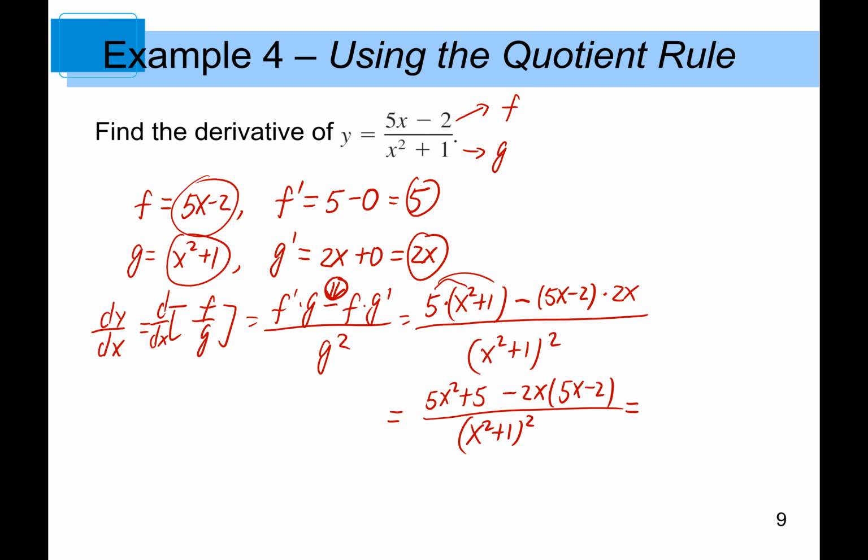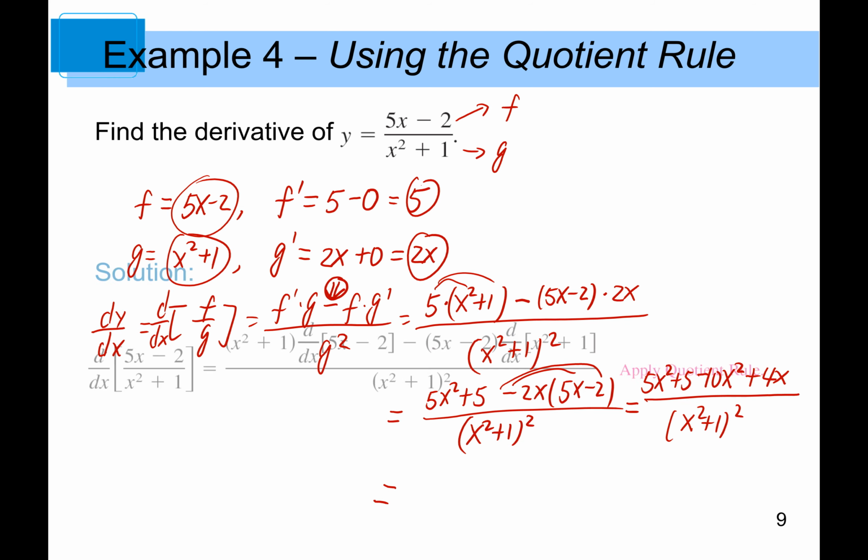So let's expand it. We have 5x squared plus 5, negative 2x times 5x is negative 10x squared, and negative 2x times negative 2 gives us positive 4x. Almost there.